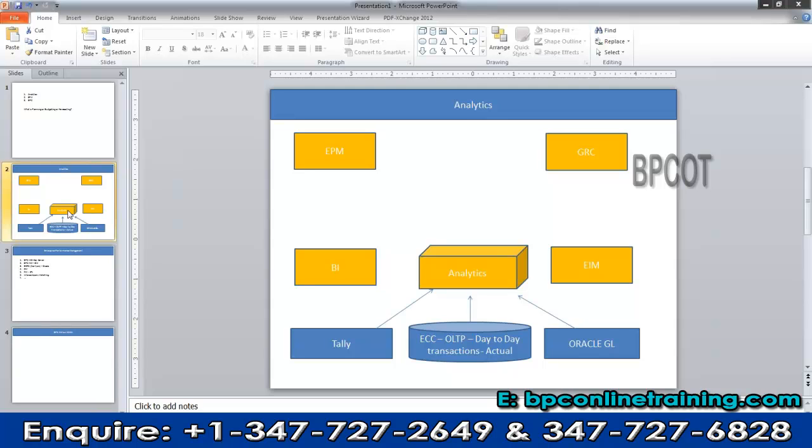It gives high performance when you execute a report. Suppose your report database is Oracle. Suppose I have 15 million records in the database or in BW.